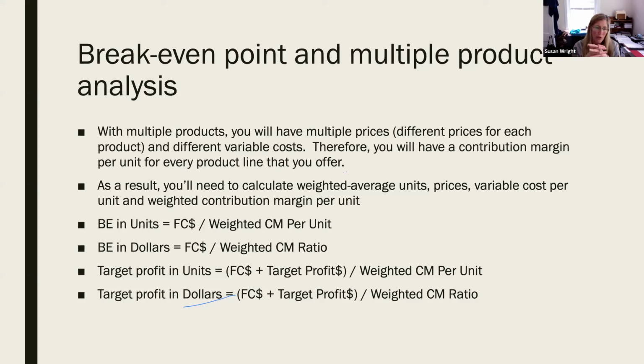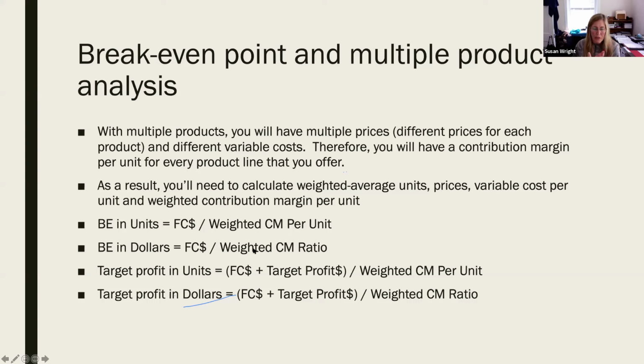That's a little bit more work, but it gives you the same answer. Okay, you do the same thing with contribution margin ratio. You take the contribution margin for each product line, and you can weight it by this percent of sales. So 65% for coffee, 35% for everything else. Add those two pieces together, and that gives you the weighted average contribution margin.